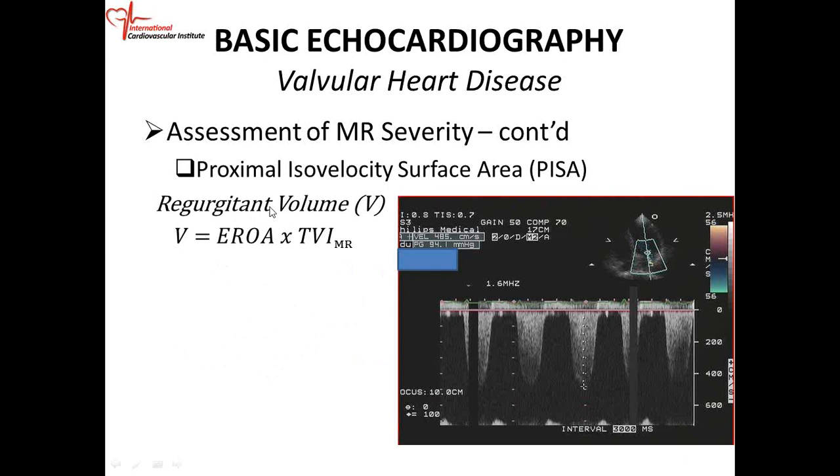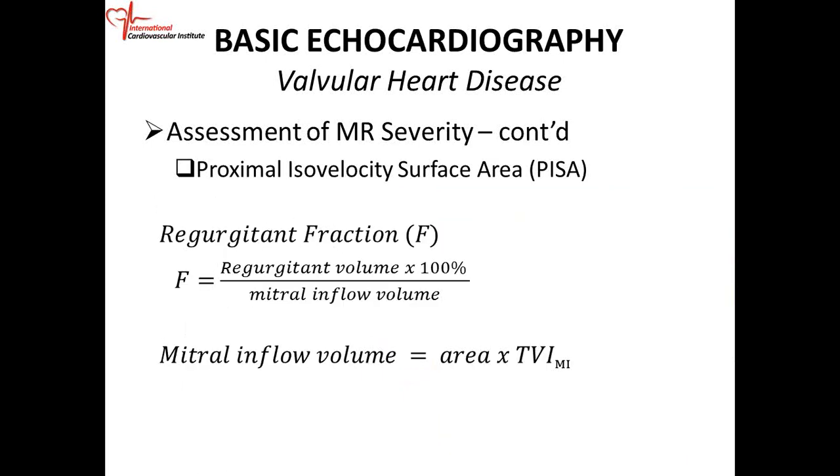That gives you the regurgitant volume. The regurgitant fraction is equal to the regurgitant volume divided by the flow across the mitral valve, the forward flow across the mitral valve. Any flow is equal to area times TVI.